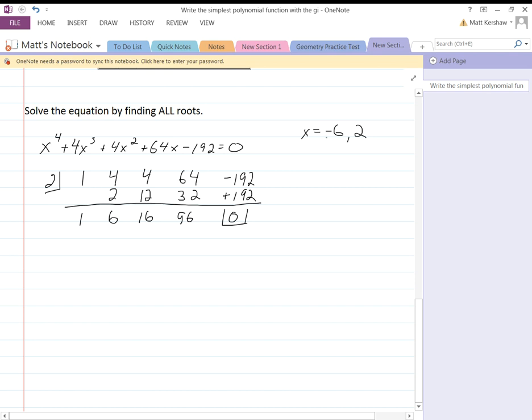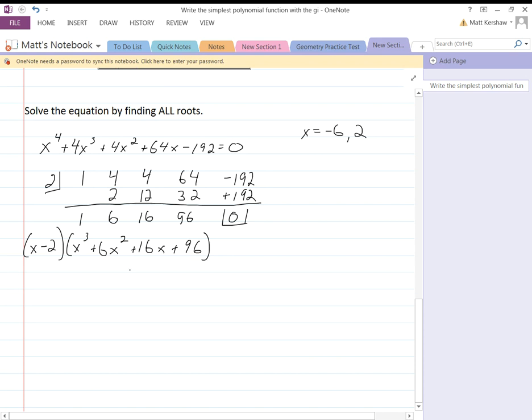Now, since we got a nice number over here, this would be x cubed plus 6x squared plus 16x plus 96. And then to make 2 a root, this would be x minus 2. And so this, what we started with, factors to this. And so now as you look at this, this can be factored by grouping.